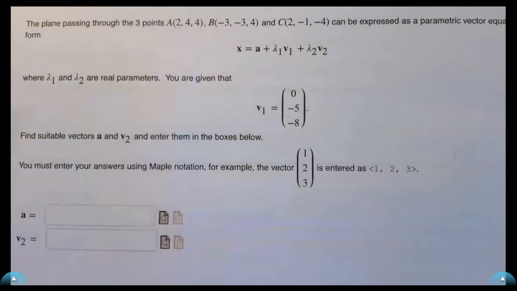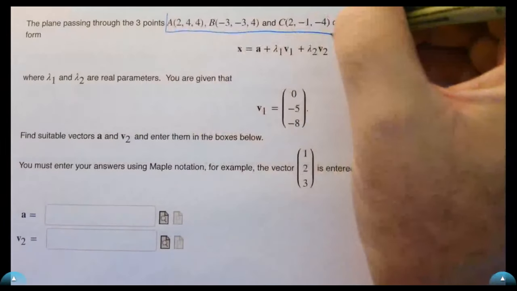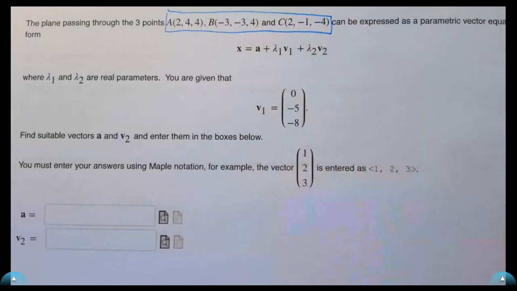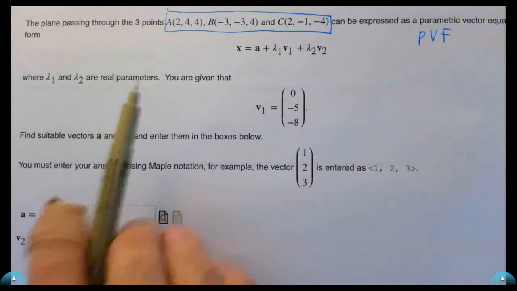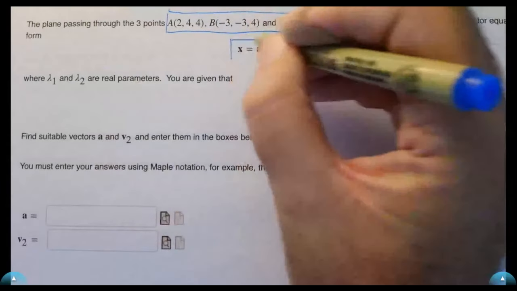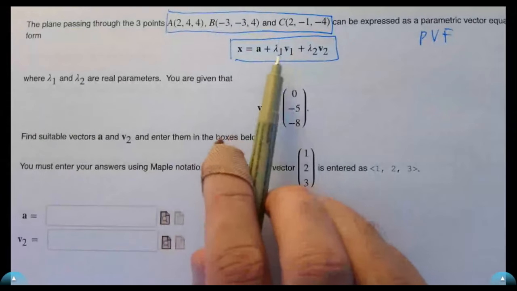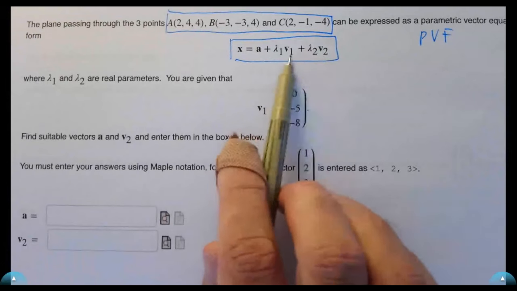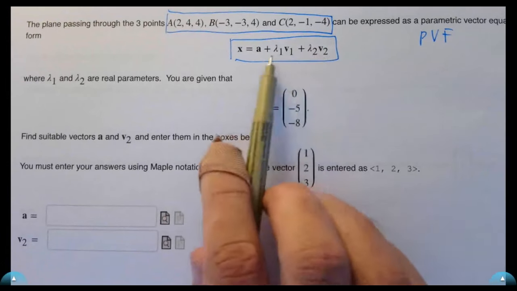The plane passing through these 3 points can be expressed as a parametric vector equation or in parametric vector form using this notation. Now, remember here, V1 and V2 are vectors that are parallel to the plane and not parallel to each other.